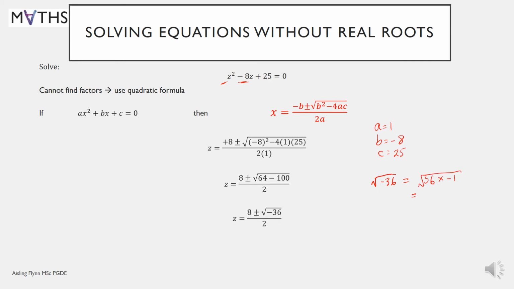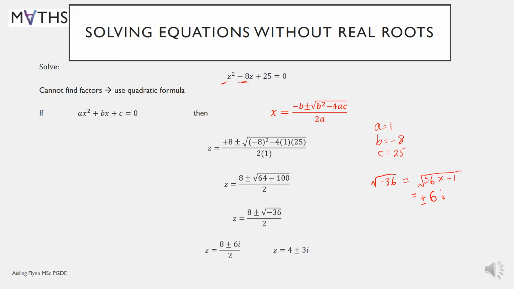Now the square root of 36 is 6, and the square root of minus 1 is i. So that's what you get. But don't forget, it could be plus 6 to give you 36, or it could be minus 6 to give you 36.